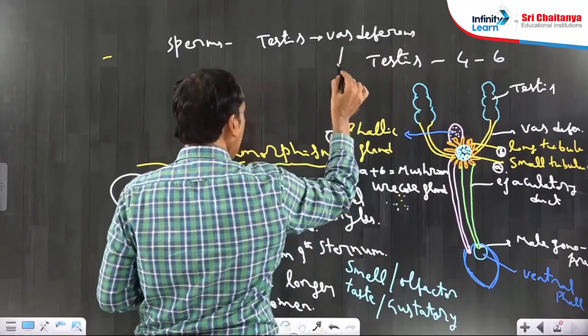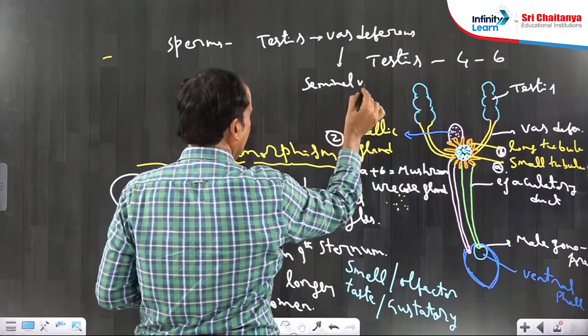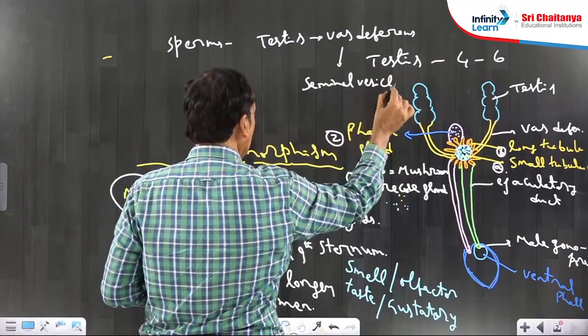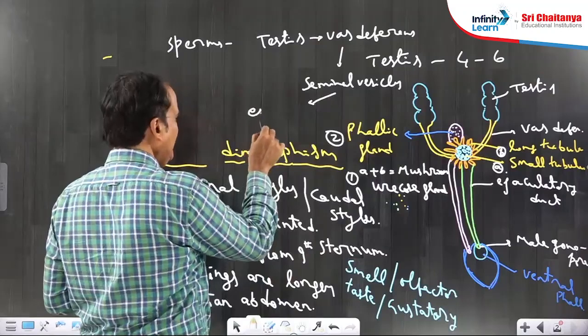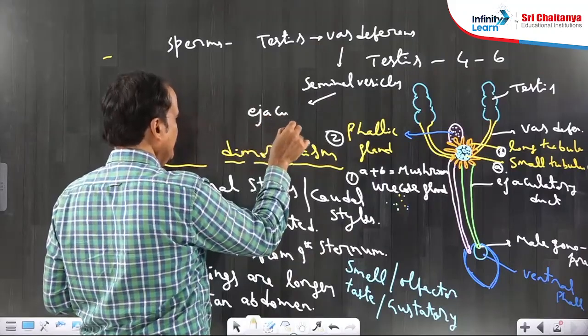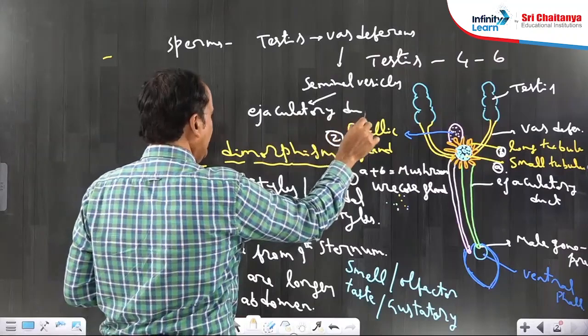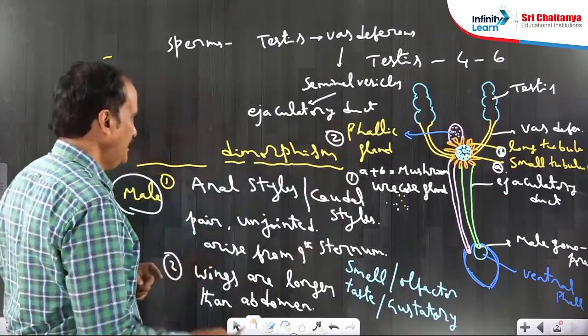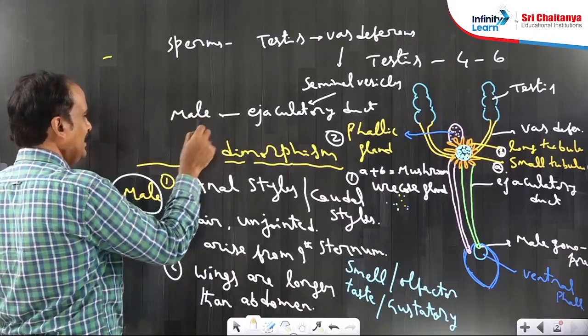From the vas deferens, they enter the seminal vesicles. From the seminal vesicle, they enter the ejaculatory duct. And the ejaculatory duct opens as the male gonopore or male genital aperture.